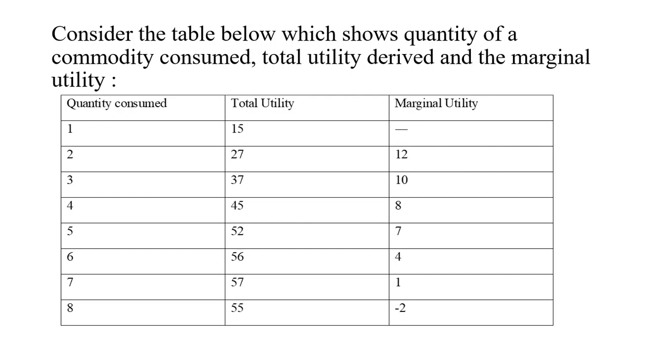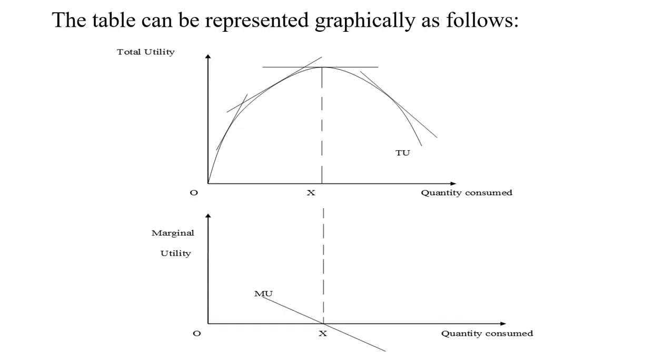Now we can plot a graph of quantity consumed against total utility and the quantity consumed against marginal utility. When we plot that graph, theoretically this is how it will look. This is a function that increases at a decreasing rate.